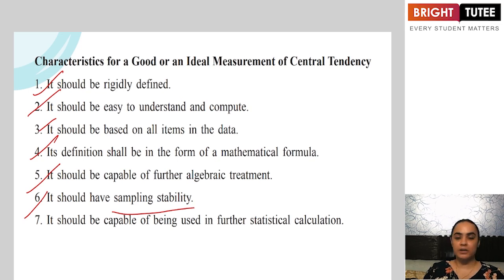It is going to be a wastage of time. So I need to calculate the average score, and then whatever average score that I am getting, it is going to be a good measure of central tendency only when that average score will give me a clear idea of the entire class's average marks. And again, it should be useful for further statistical calculations.